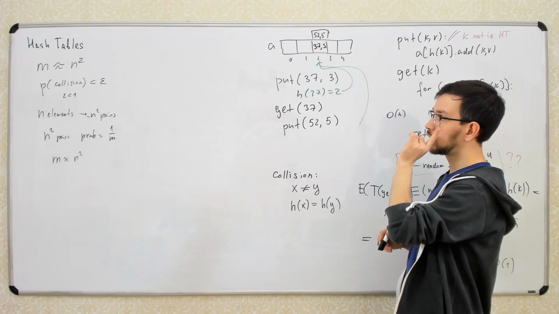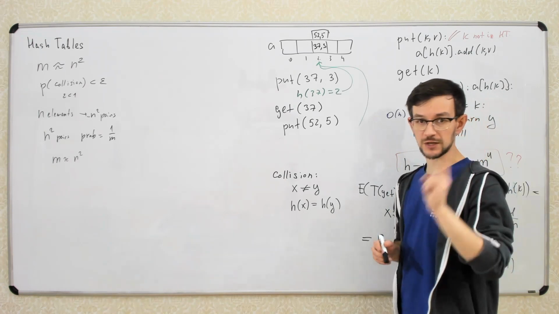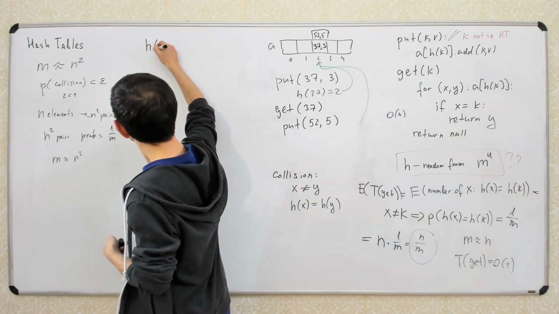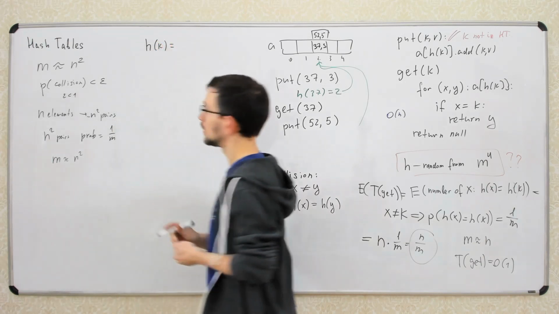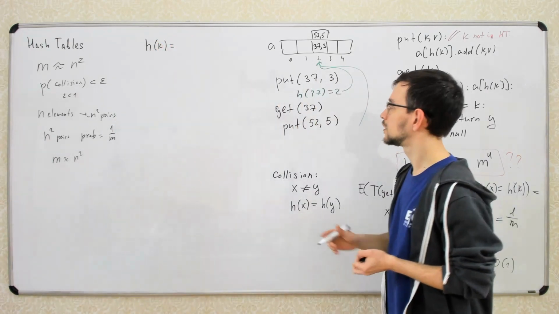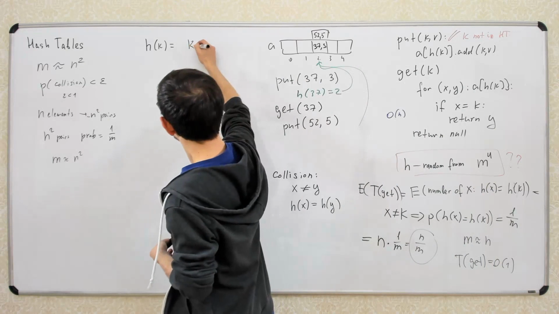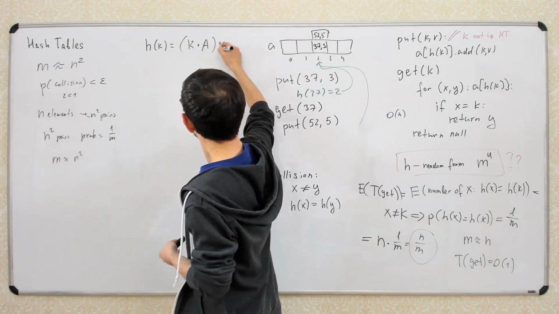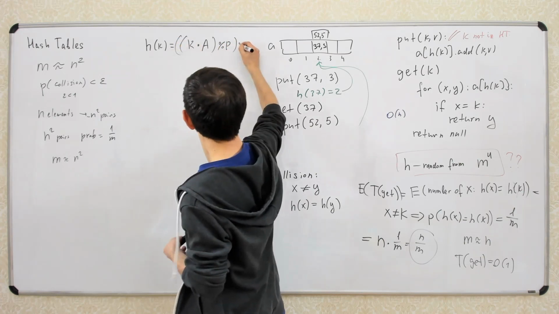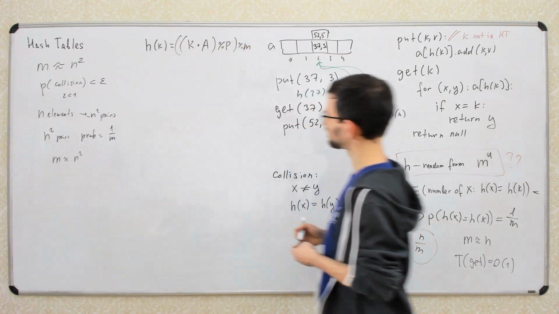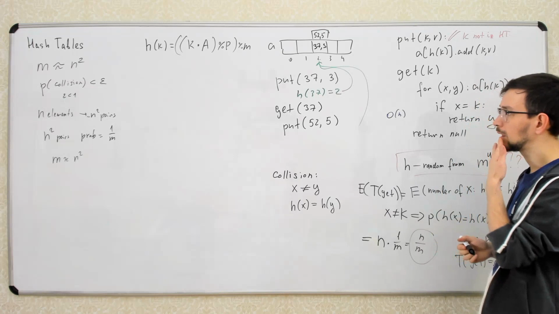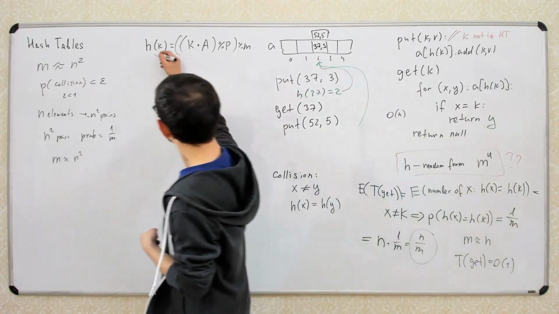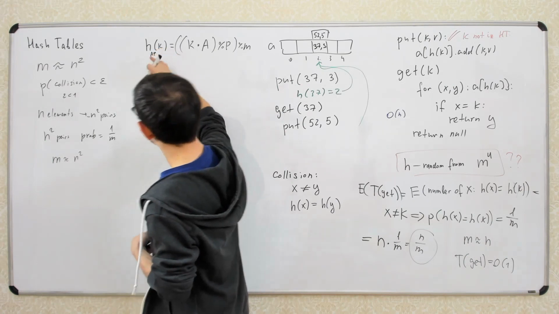So let's use only functions like this: h(k) equals k multiplied by some number a, then take it modulo p, and take it modulo m. So this a and p are parameters of this function.